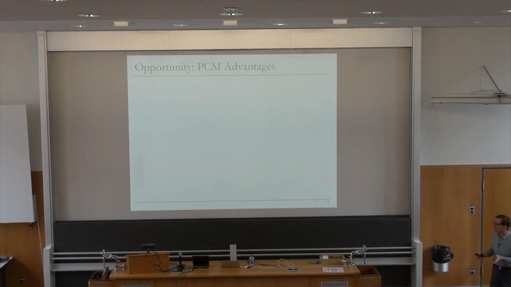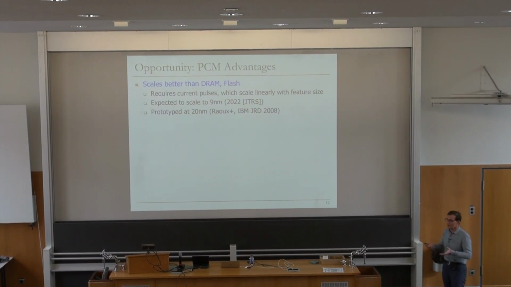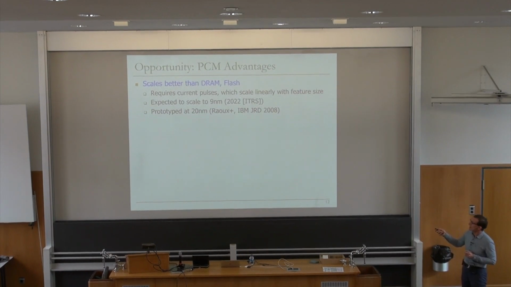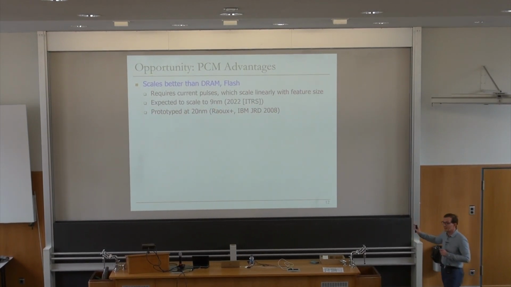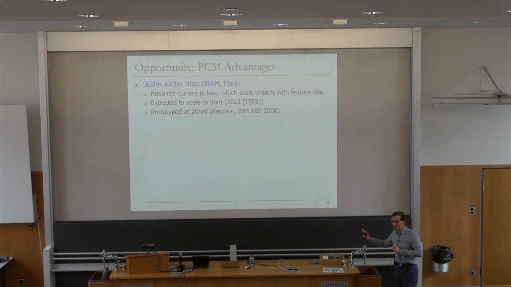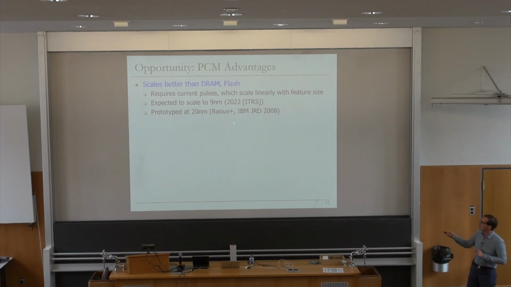So what is the opportunity that is enabled by a technology like this? First of all, it scales better than DRAM and flash. It requires current pulses, which scale linearly with feature size to change the set or reset. And as I said, it's expected to scale to 9 nanometers. This was predicted by ITRS. At the same time, they predicted that DRAM is not going to be so easy to scale below 35 nanometers, as we've discussed earlier. Today, the predictions are actually much lower.